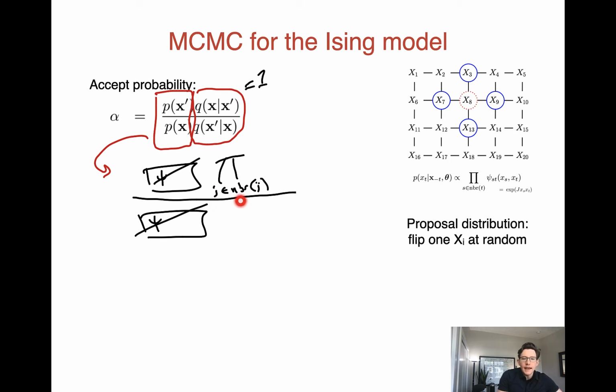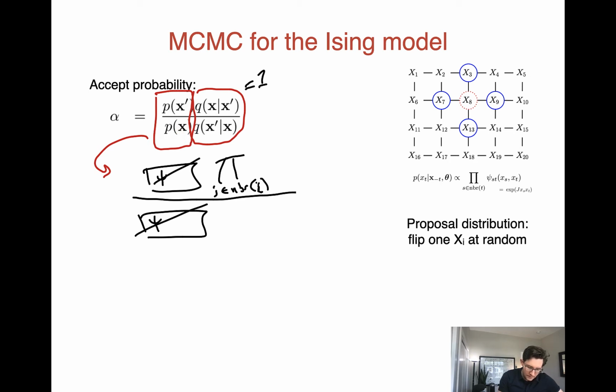The product over j in the neighbors of i. Let's make clear that that's an i there. That's just a way of writing, if it's x8 that's changed, that's going to be 3, 7, 9, and 13. Okay, so we need to divide the x prime value by the x value.